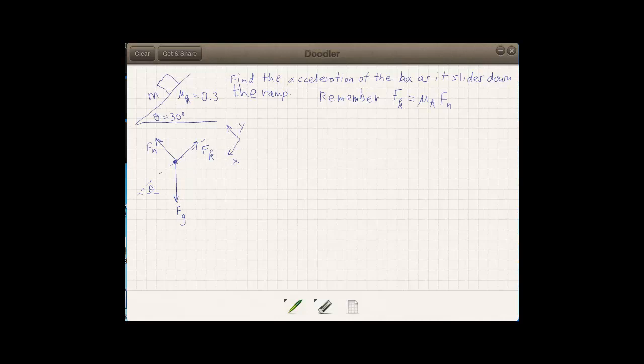So we need to sketch in a right triangle, where the two sides of that triangle point one along the x direction and one along the y direction. So that's our right triangle, and the force that's along the x direction is the x component of the force of gravity. We'll call that Fgx. And the other one we'll call Fgy.